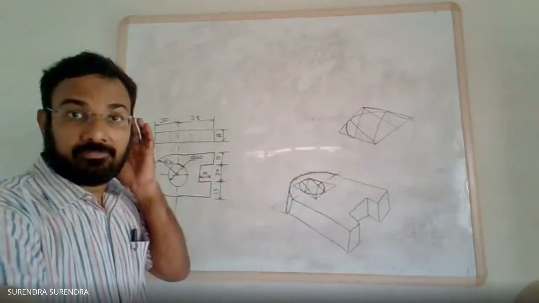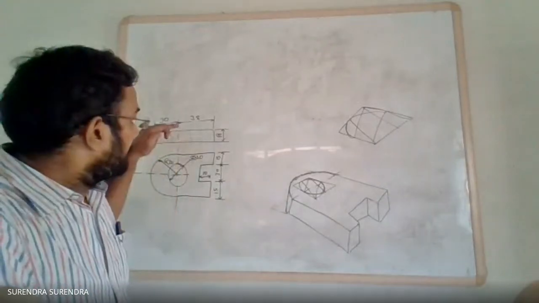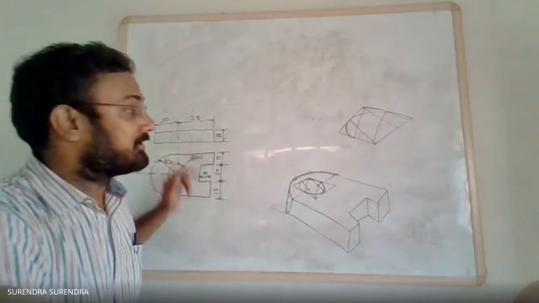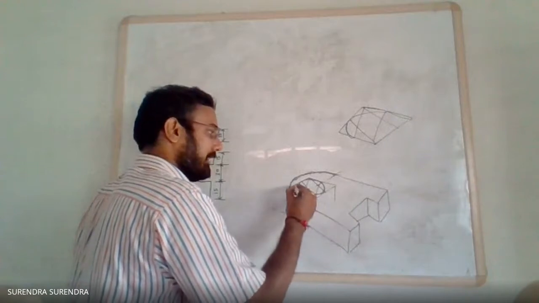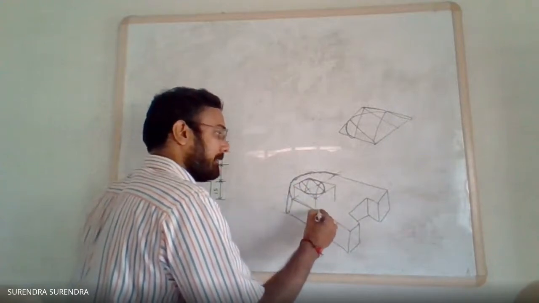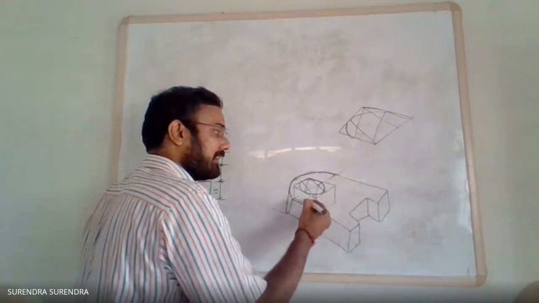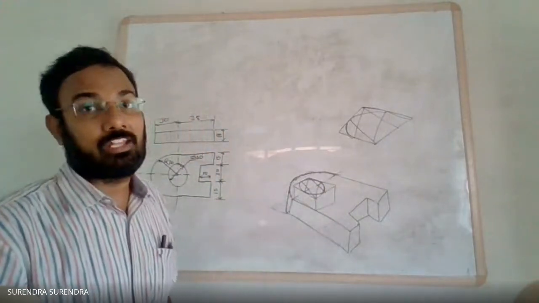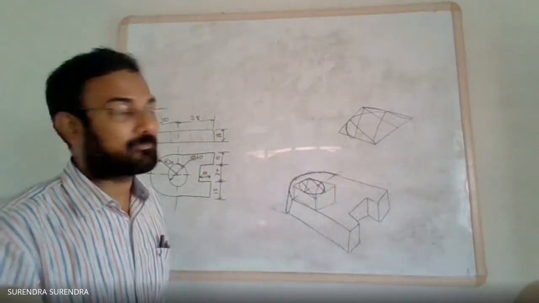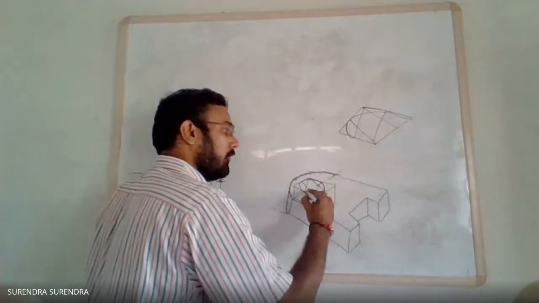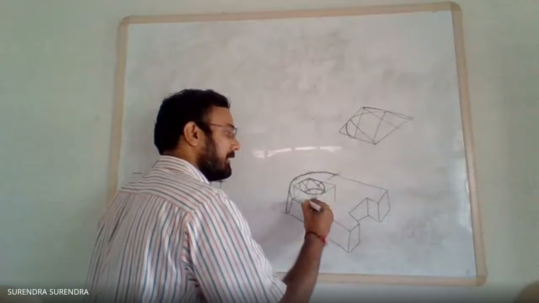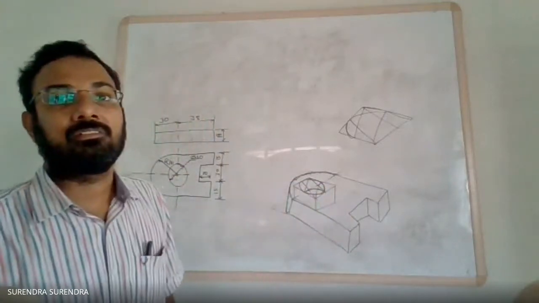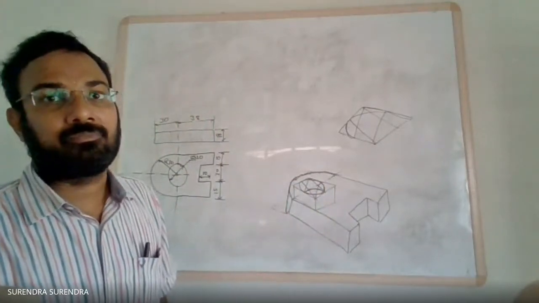Actually the hole goes down to the bottom. So again repeat the same process. Extend 18 mm downward and draw one more ellipse. Below also, draw one more ellipse. In this ellipse only this internal part is visible. The remaining part, no need to draw.